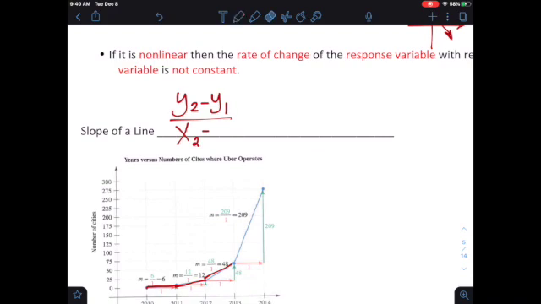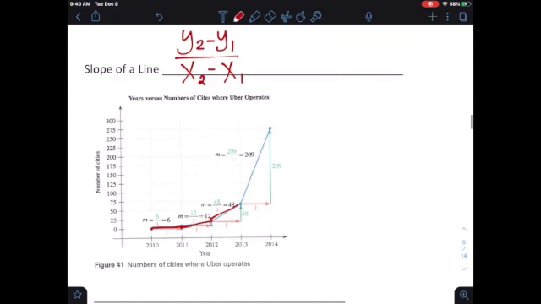We can estimate some of it, but if the slope changes all the time, you are not going to get a linear line, a straight line. So if the slope changes, your line is not going to be straight. And here's the proof of that.